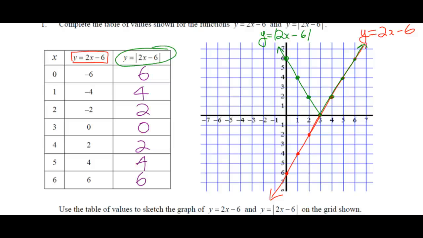So what have we done with the red line that's below? Yeah, we reflected it in the x-axis. What do we do when we reflect stuff in the x-axis? What's the transformation? Isn't it just the A value? Yeah, the A value becomes what? Negative, yeah. So making the A value negative.